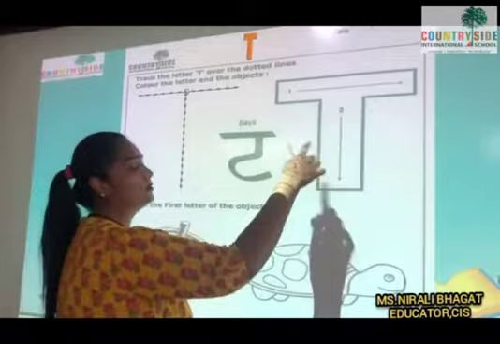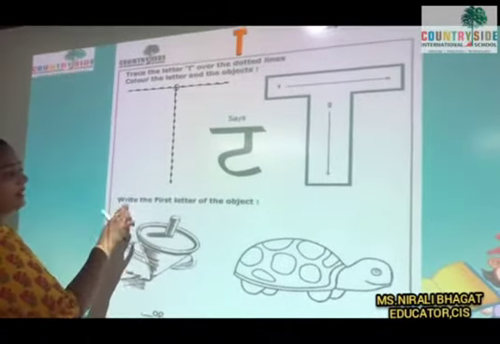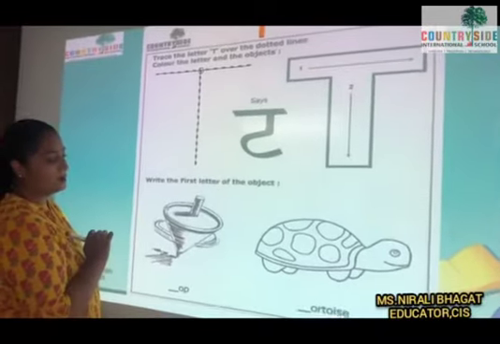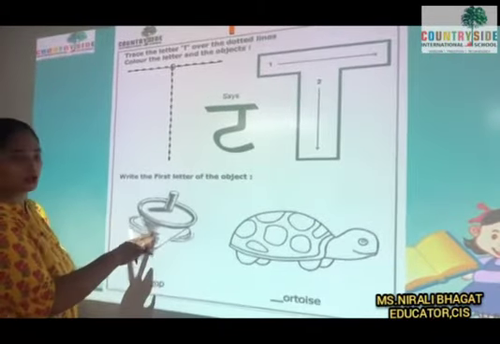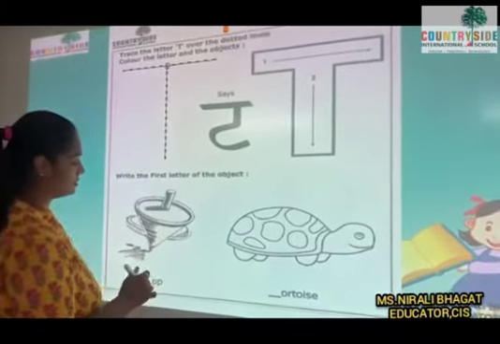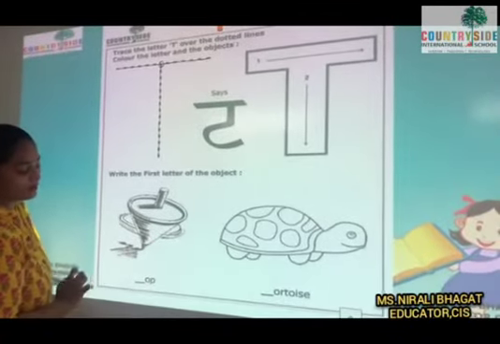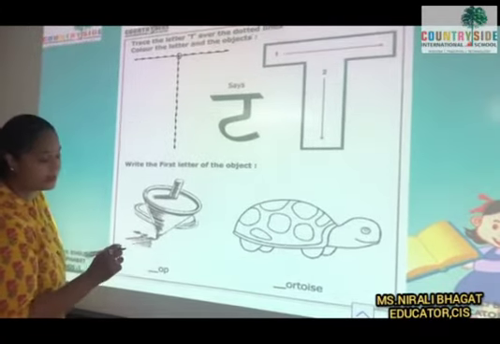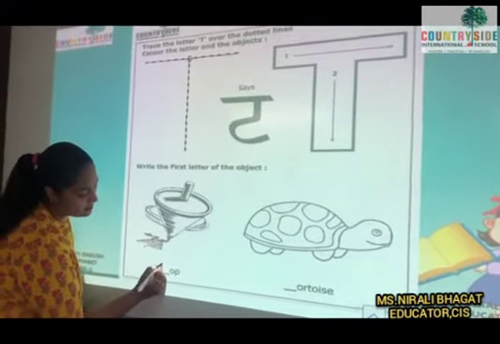In this letter also you can color of your choice. Write the first letter of the object. See, top and this is tortoise. You have to write the first letter and the first letter is T. So how will you write?